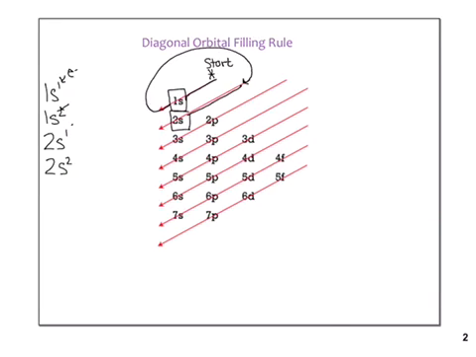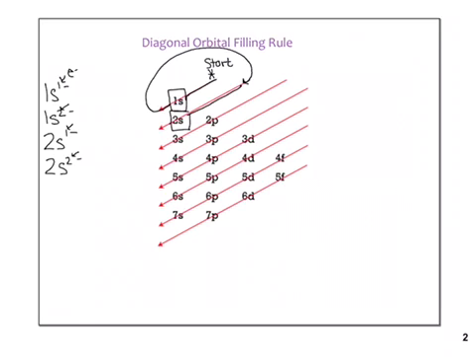So each of these little superscripts is keeping track of your electron count. So if you have an element that has 5 electrons, you can see that we have 1 electron, 2, 3, and 4 electrons placed. And so we need to keep going.